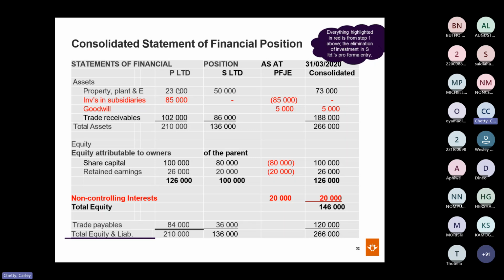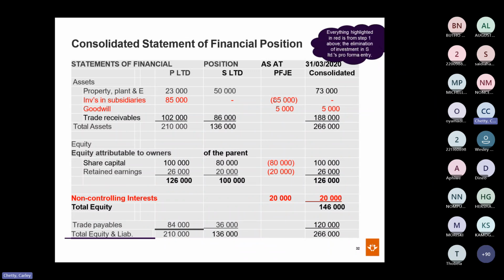So P has property, plant, and equipment of 23,000. S has PPE of 50,000. We're going to say P 23,000 plus S 50,000. That will give us 73,000. Then we have our investment in S. P has an investment of 85,000 Rand in the subsidiary S. And then remember, we processed our pro forma journal entry.